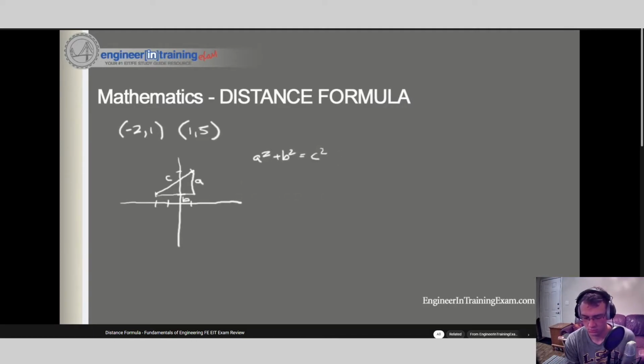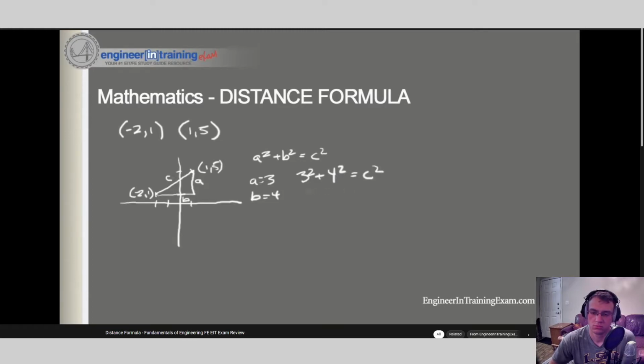So using this process, we can simply find out that if this is a 0.15 and this is -21, that we can see that A is going to be 3 and B is going to be 4. So if we just plug that into the Pythagorean theorem here, we find that 3 squared plus 4 squared is equal to C squared.